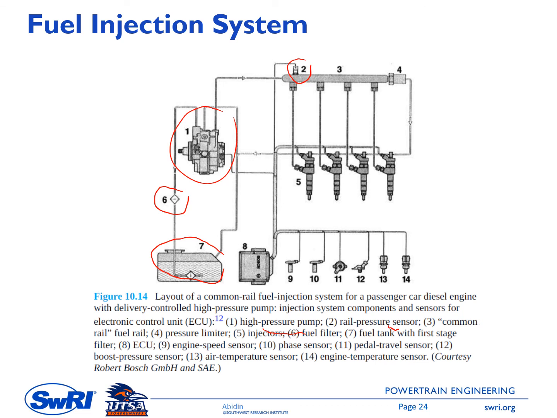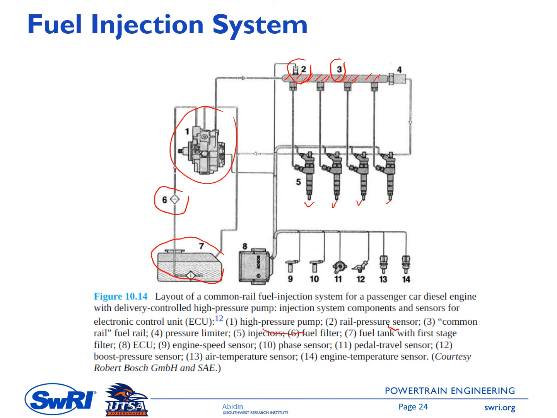Yes, this is the rail pressure sensor. And number 3 here, this popular component, is the common rail. This is used to make sure that the pressure here is uniform, so that the fuel is injected uniformly between the cylinders. It's called the common rail.